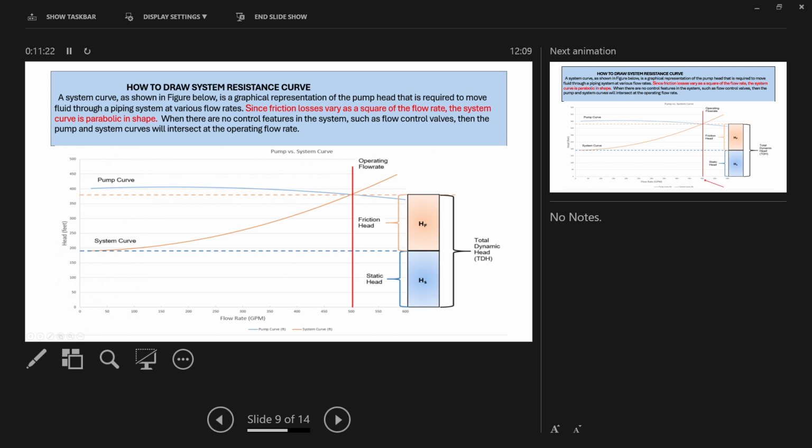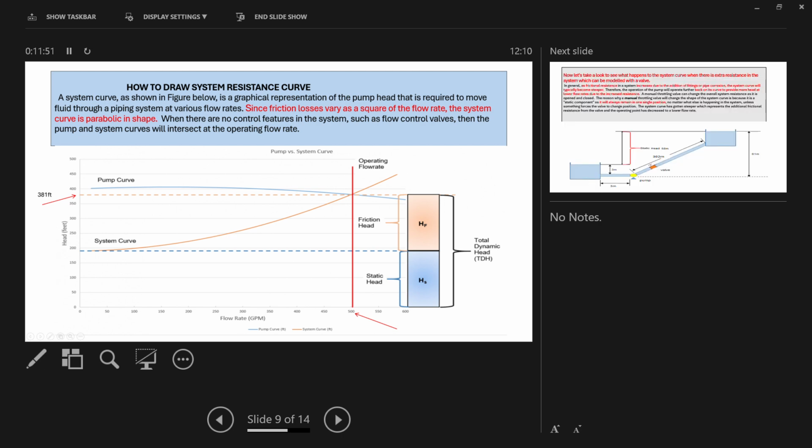So your system resistance curve will be the static head plus friction, with different friction losses at different flows. For 300, the friction loss will be this much. For 500, how much will the friction loss be? This is 58. Static head is 58. So it will be around 100 meters. Now you see the discharge head is given in feet, something like 373, 370 like that.